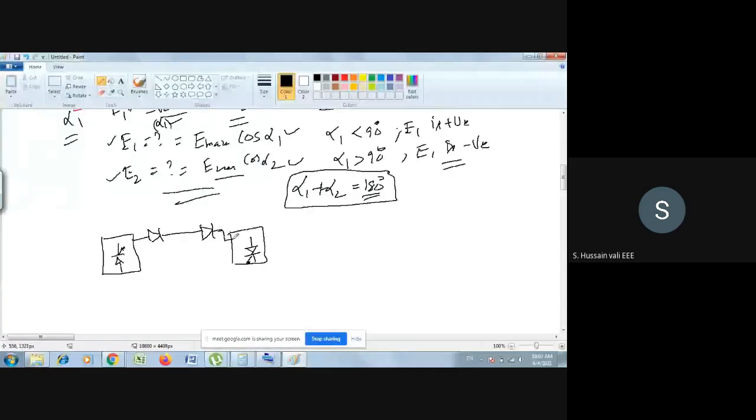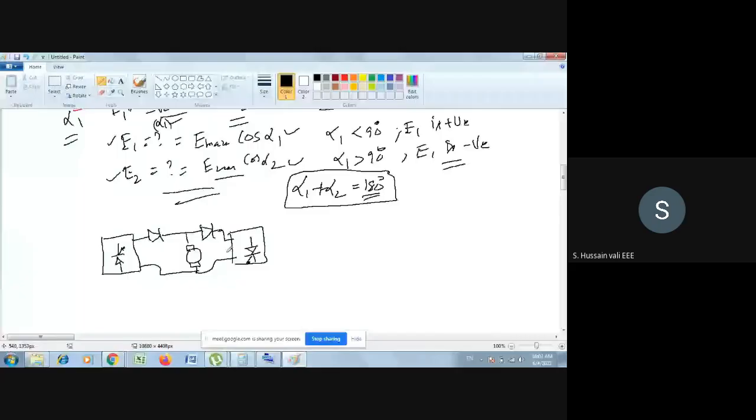If you have a diode here, you make the current totally unidirectional. So you are forcing the full converter one to flow the current in only one direction, because the diode cannot flow the current in the opposite direction. Here also it is the same thing, only one direction. It's the same as the previous picture, except you are adding a diode here.